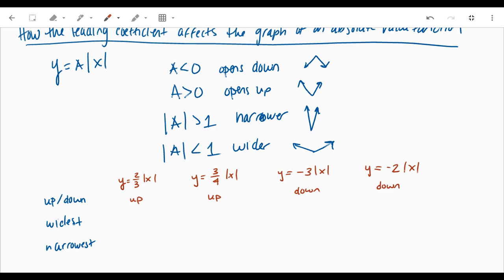The one that's closest to 0 is 2/3, so it will be your widest graph. Narrowest will be the farthest from 0, so that's going to be your -3. So the widest will have the absolute value of a closest to 0, and the narrowest, farthest from 0.